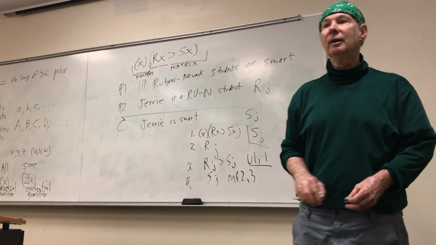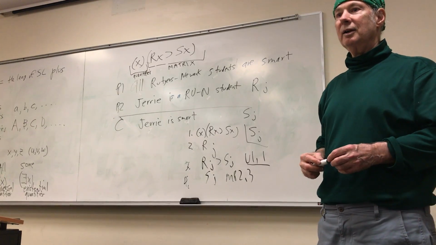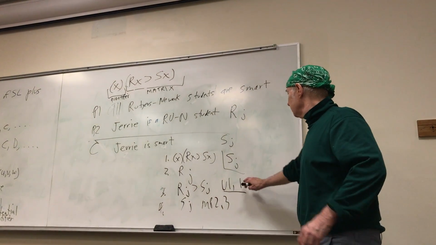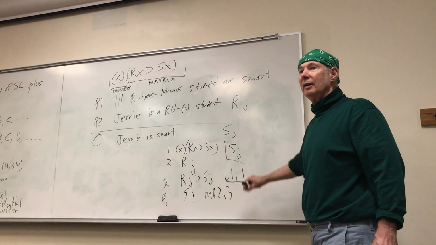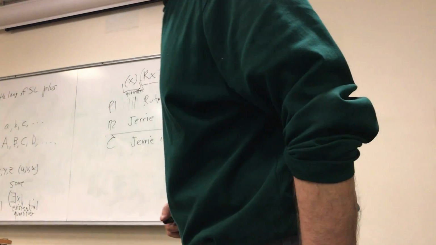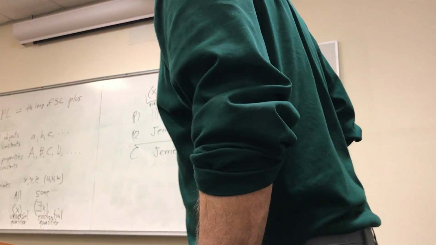The hard part was line 3. And that's not that hard. What's in line 3? What does it say?